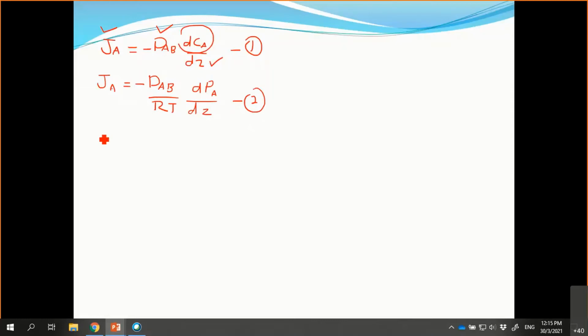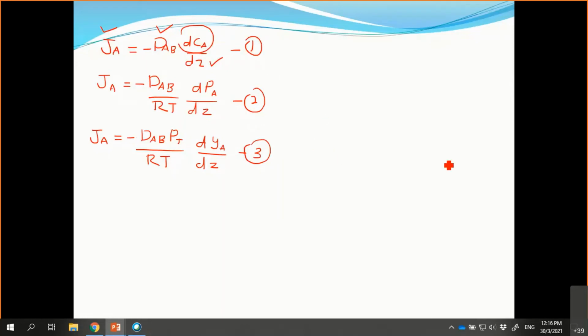Or my third option is that I can write this equation in terms of mole fraction. So the same thing here, DAB PT over RT times dYA over dZ. Okay, so this is my third option. Either option, whichever equation you want to use, you should get the same answer.